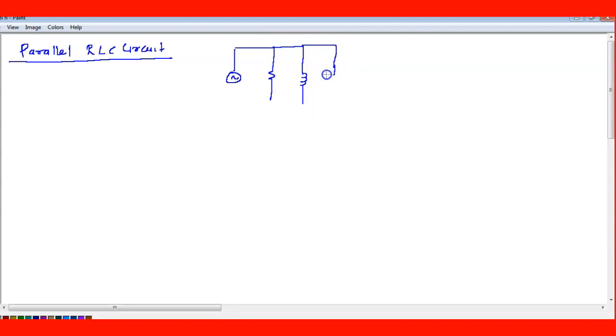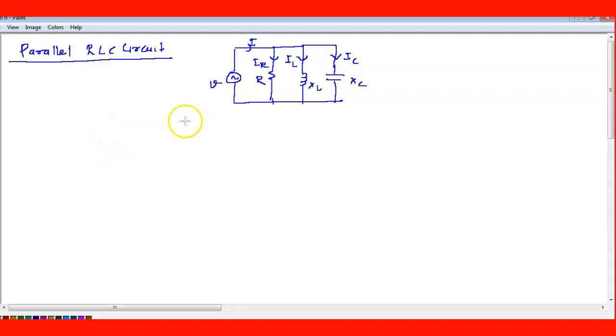All three are connected in parallel. With the power supply we write V here, and I is the current. This direction is IR, this direction IL, and this direction is IC. This is R, this is XL, this is XC, right?